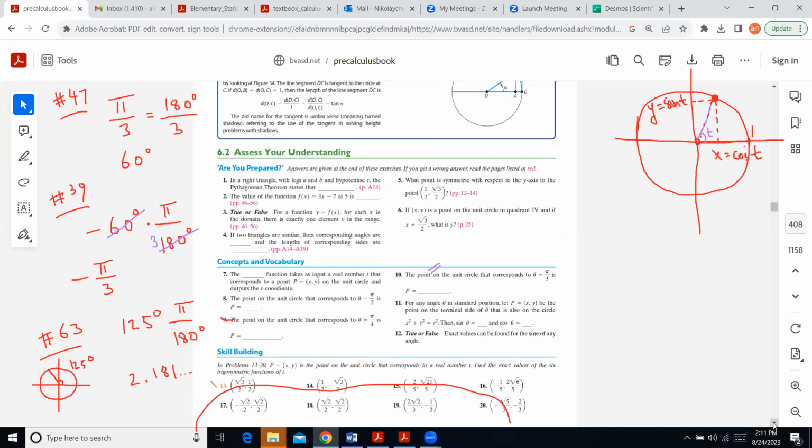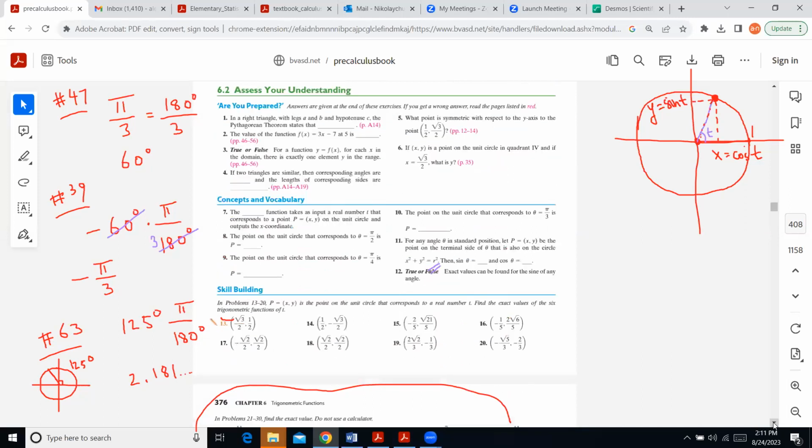So as usual, I move to that group of exercises, which is called skill building. And I can start with exercise number 14, for example, because some people may not like number 13. But I'll start with 14. So we're in section 2 of chapter 6, so it's called 6.2.